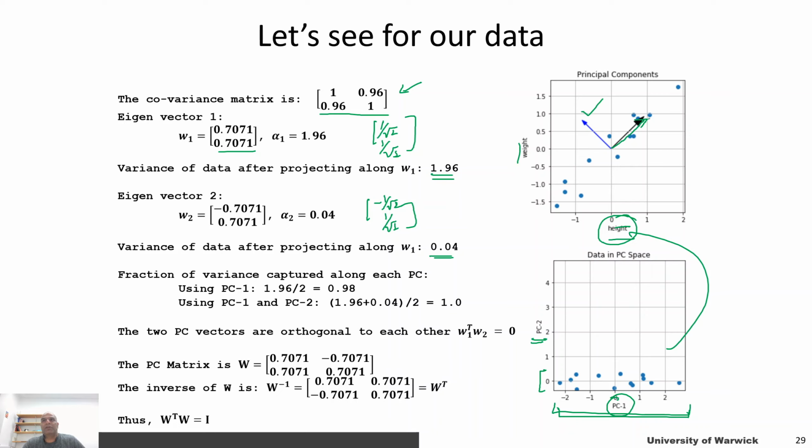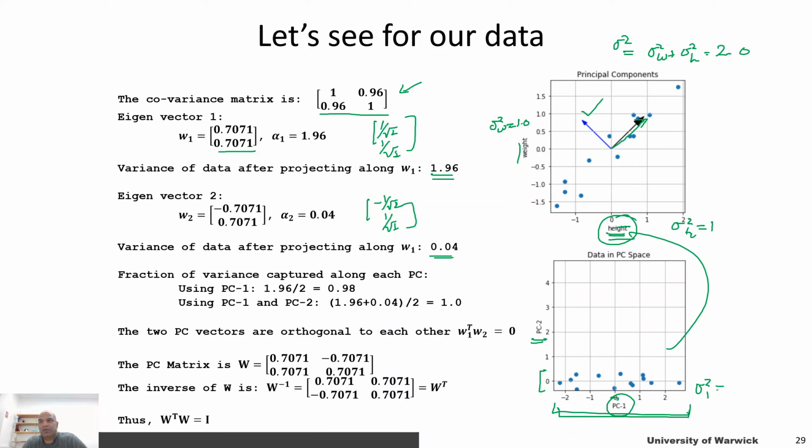In this particular case, the variance along the original height value was 1 because we had normalized it. So sigma square height was 1, sigma square weight is equal to 1.0. So the total variance is sigma square W plus sigma square H, which comes out to be 2.0, right?